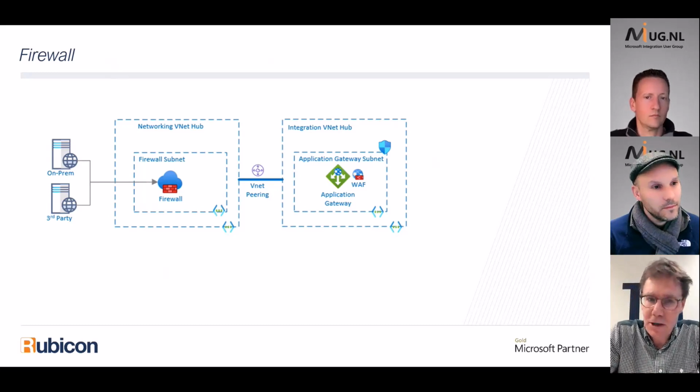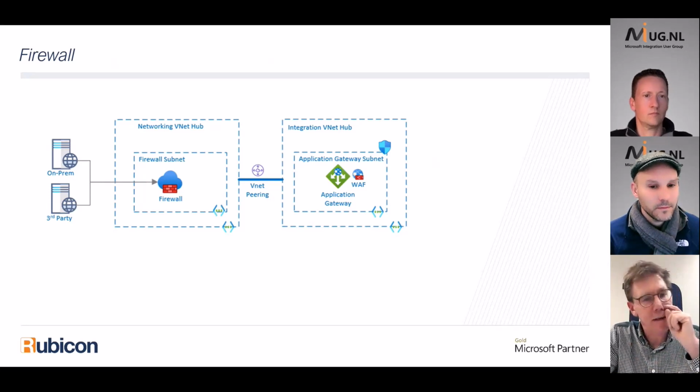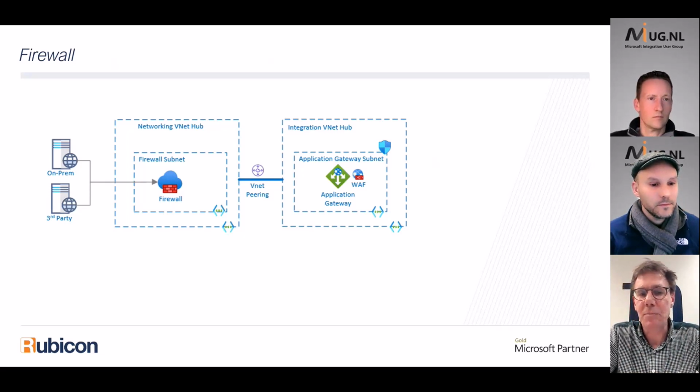And the answer to this question is that they actually perform different roles. So the networking VNet hub is really at the perimeter of the network. So it really blocks IP traffic at the port level, so at the transport layer. And if you look at the web application firewall, that firewall acts on the application layer.